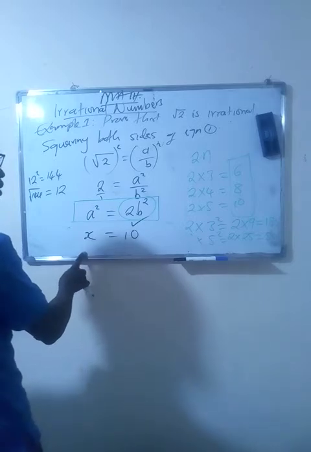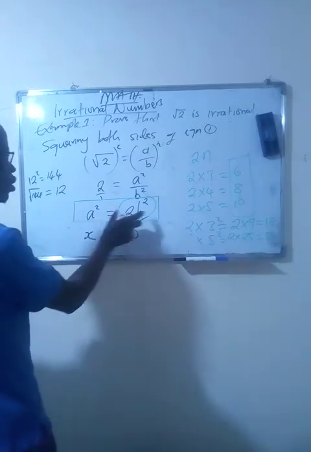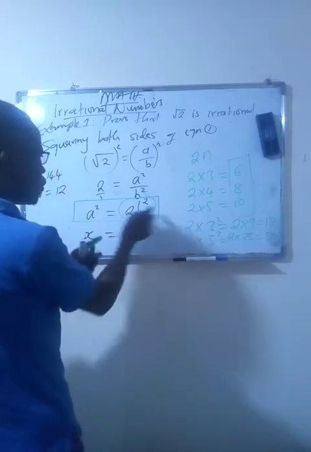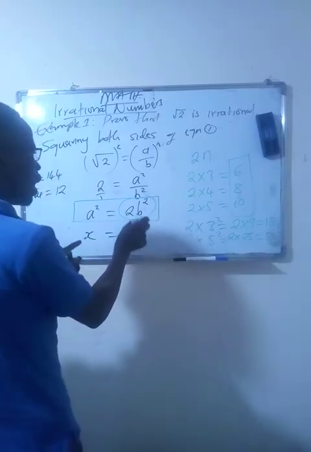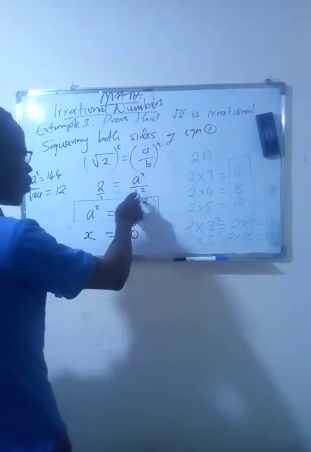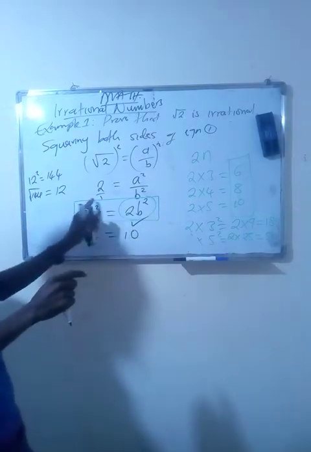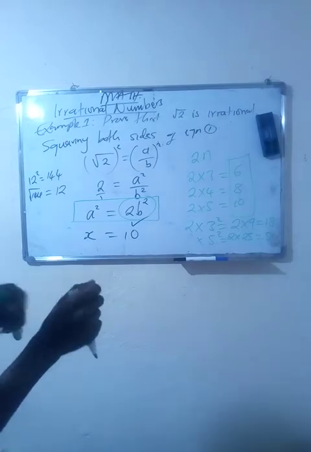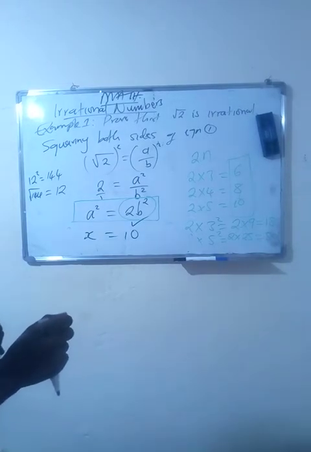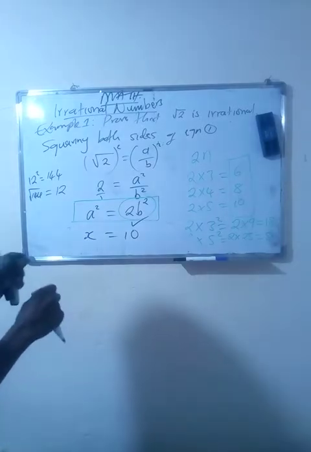So if a squared is equal to 2b squared, then these two are equal, and so if the right hand side is an even number, the left hand side is equally an even number.